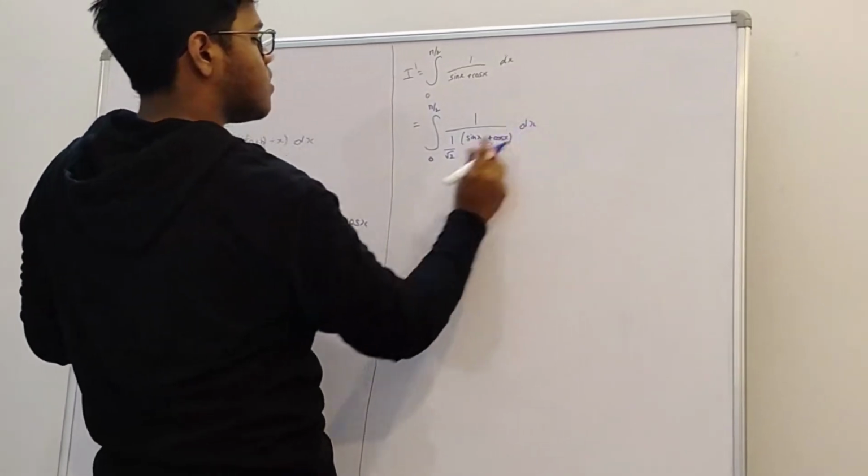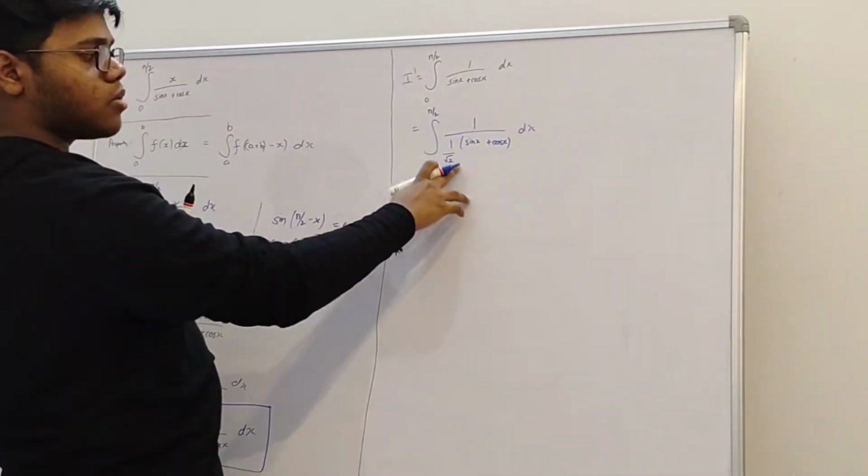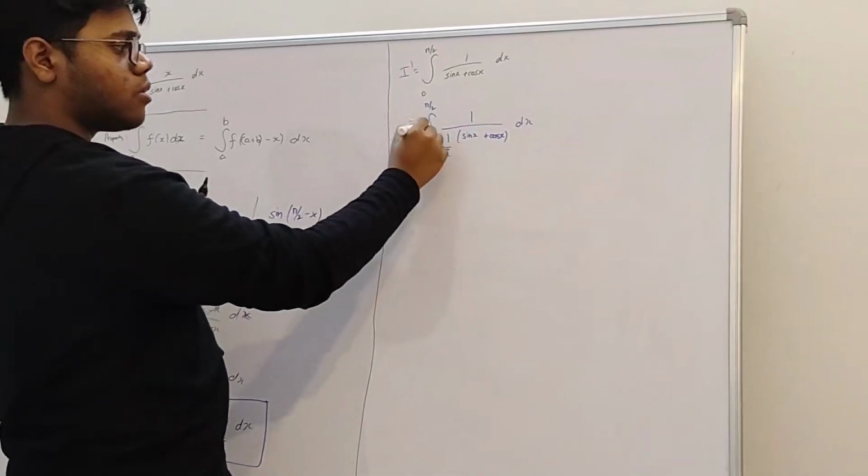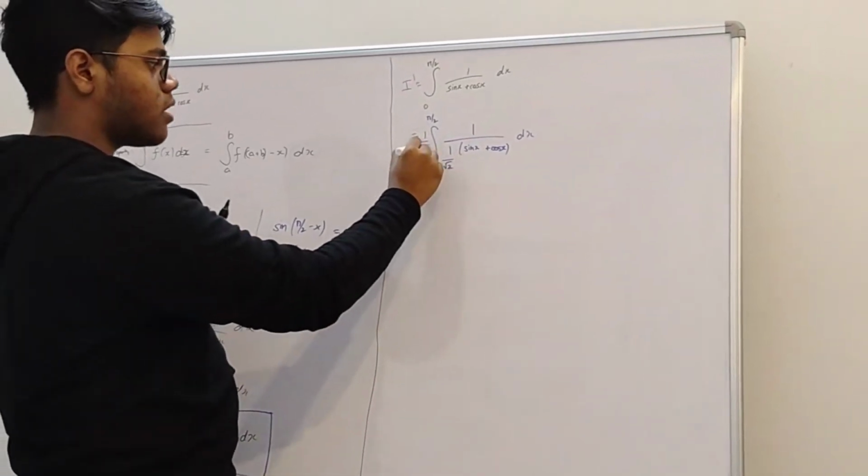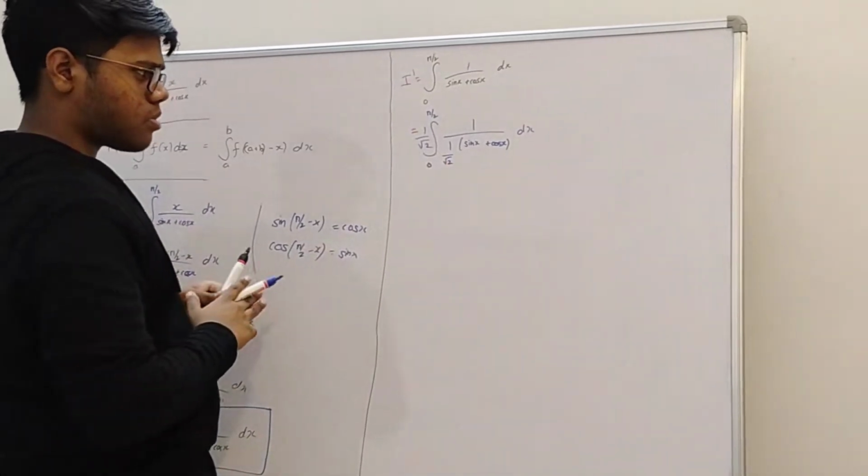Since we multiplied 1 by root 2 here, we also have to multiply the whole integral by 1 by root 2.